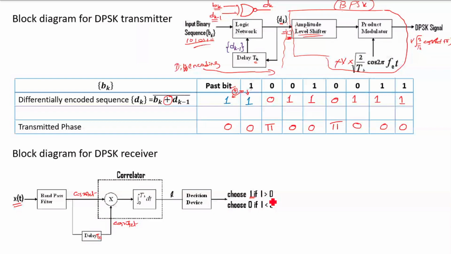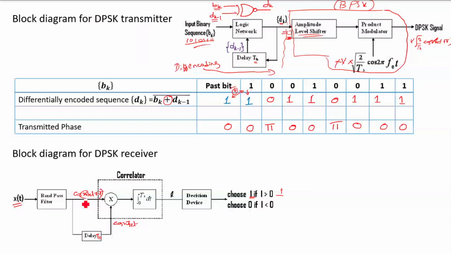Let us say the incoming signal is cos 2 pi fct plus pi, and the past signal already entered here is cos 2 pi fct. Multiply these two and integrate from 0 to Tb, what will I get? Past signal is cos 2 pi fct, present signal is cos 2 pi fct plus pi, phase advanced by pi.